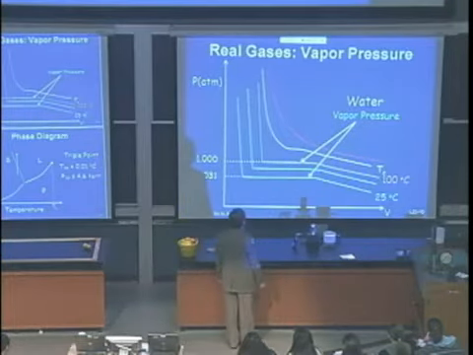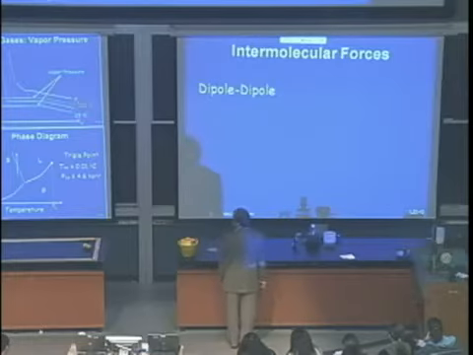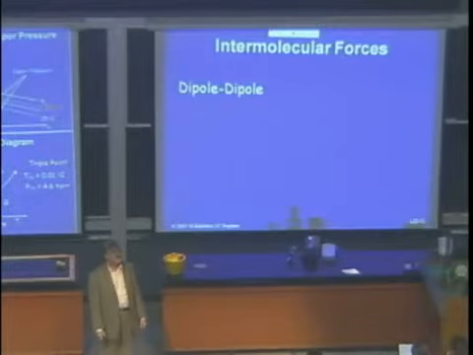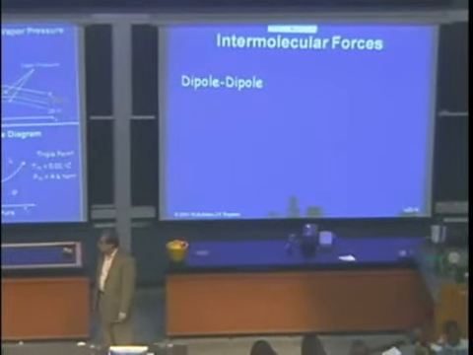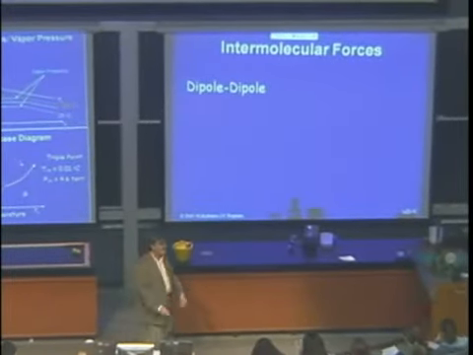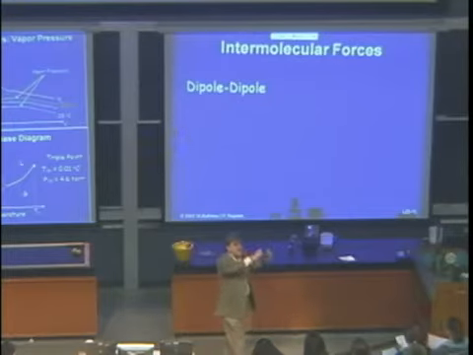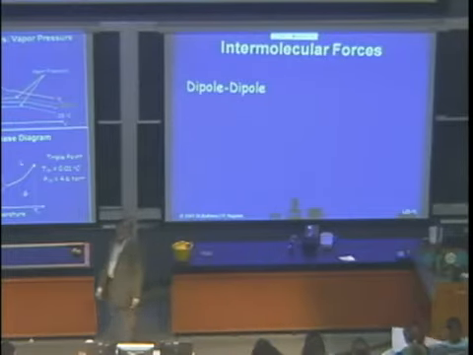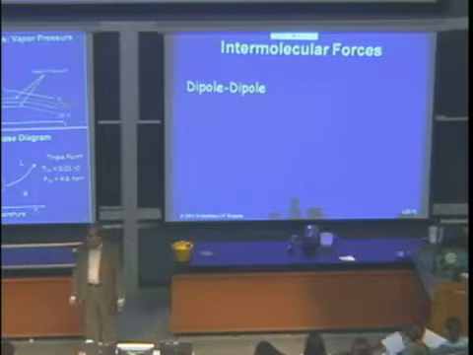So the question now is, why is that gas not behaving ideally? When we defined an ideal gas, we said these are particles, they can bump into each other, but they don't interact with each other, okay? And if they don't interact, they stay in the gas phase.